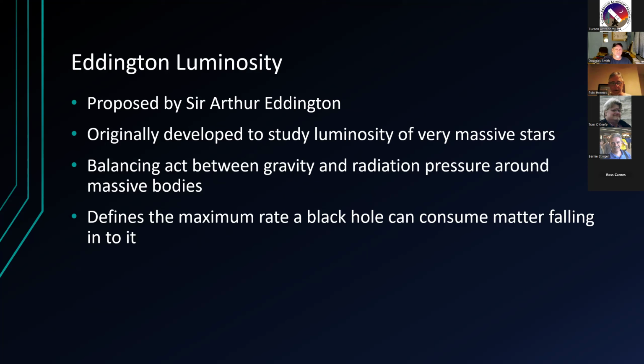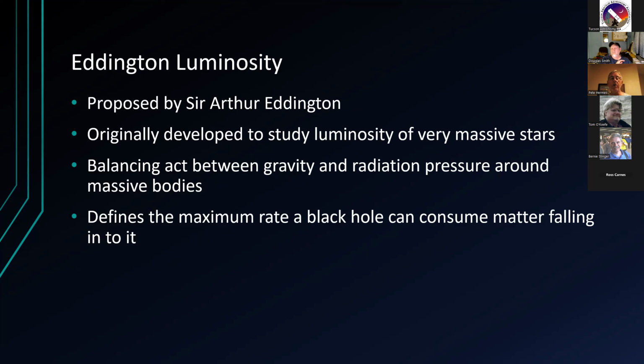What he found is that there's a balancing act between gravity sucking in material and the radiation pressure released by the heat of this material as it condenses and grows in pressure, like in a star. It's going to start generating X-rays, gamma rays, and so on. This radiation itself is a pressure force that will push material away as it's being drawn in. So it's a feedback loop around how a star might quickly gather material.